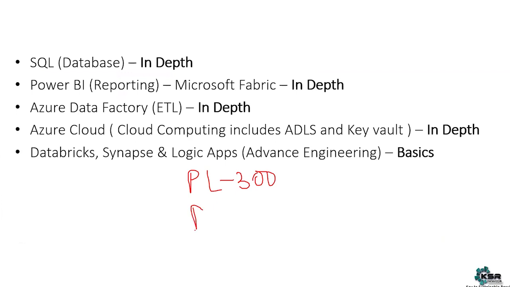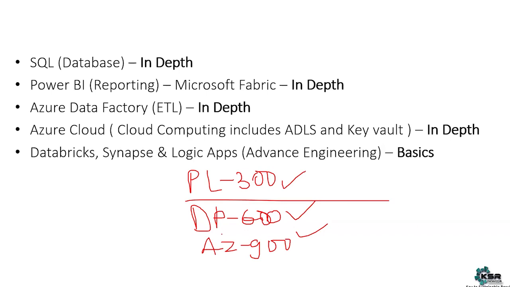You can target DP 600, Fabric Associate. You can target AZ 900. These are the 3 certifications you can target with respect to this course. You can complete all 3, or any one of them, or 2. It is all up to you.